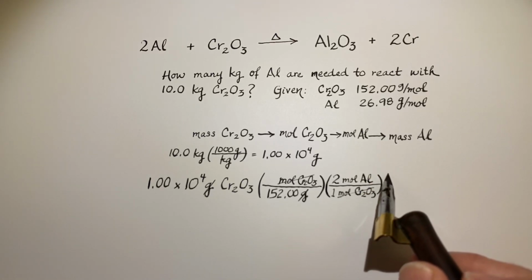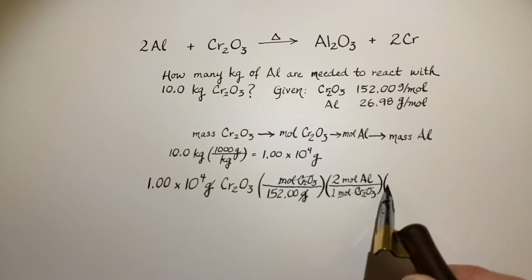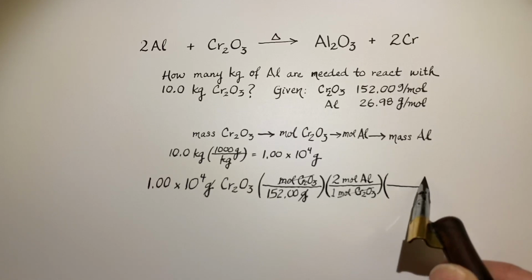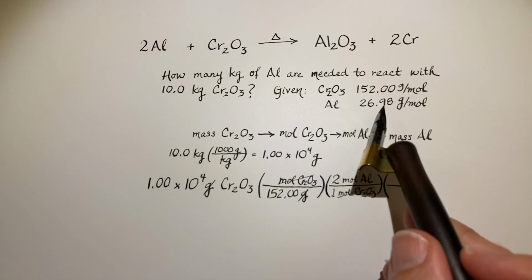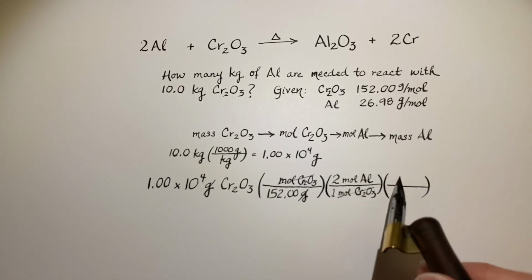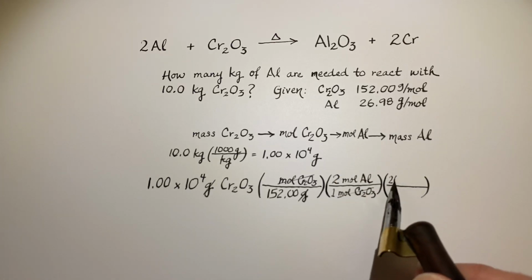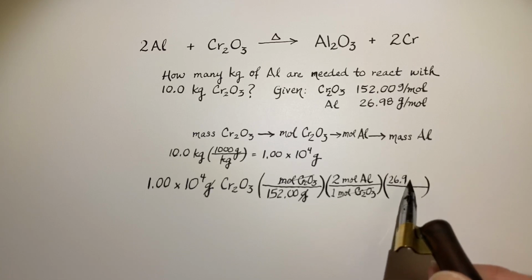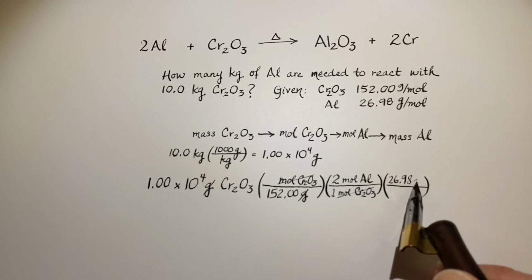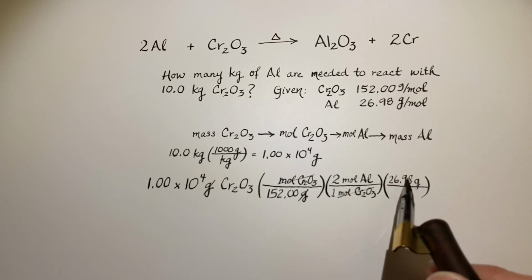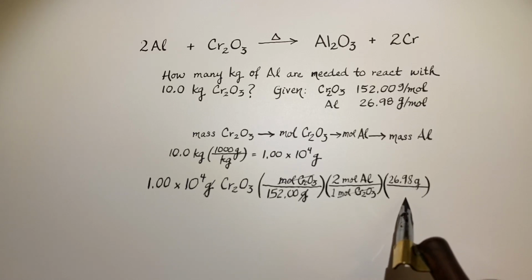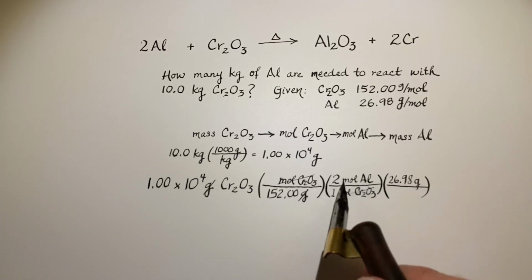So this is where we bring in the atomic mass. 26.98. Grams will be in the numerator, moles in the denominator, so that we make sure that moles cancel.